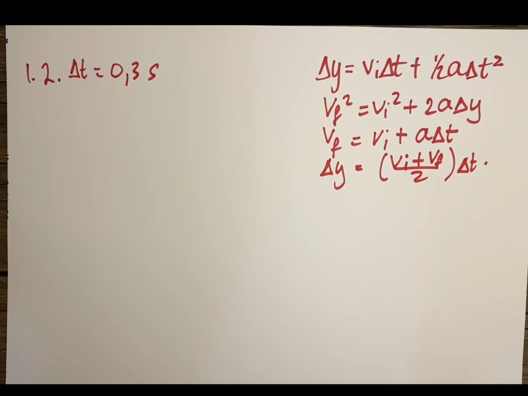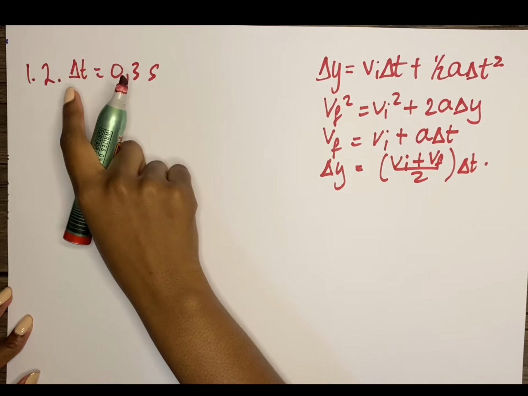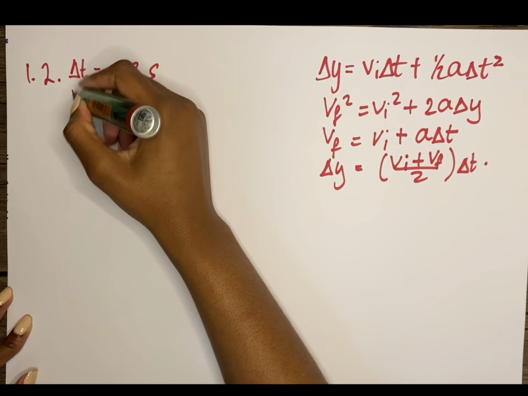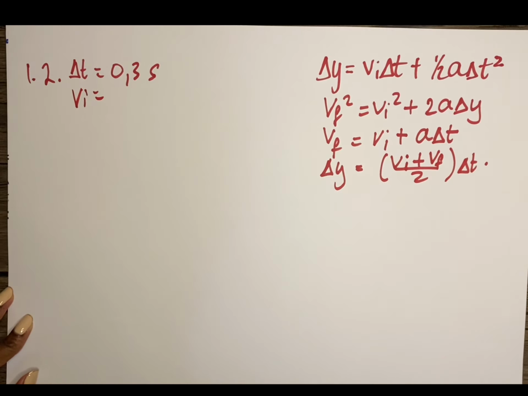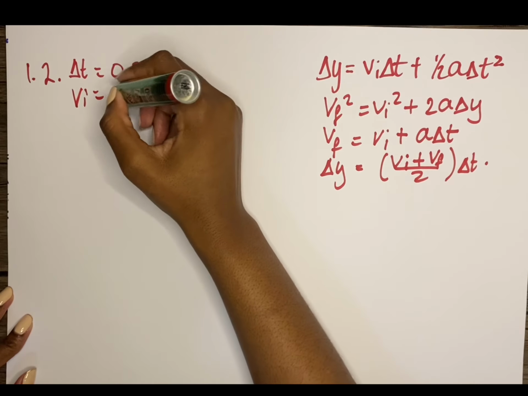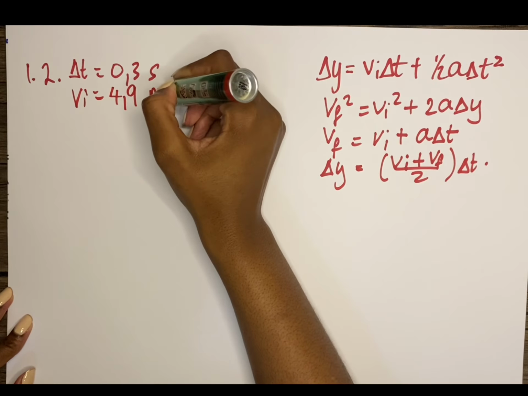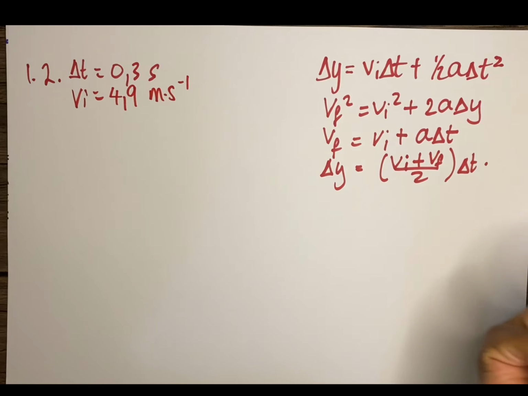So you're looking at the graph from its initial speed, right? And then to the speed after 0.3 seconds. So you have delta t, your v initial, you can find from the graph is 4.9 meters per second, right?